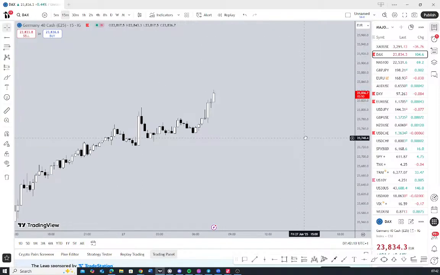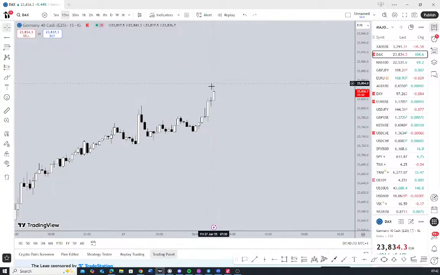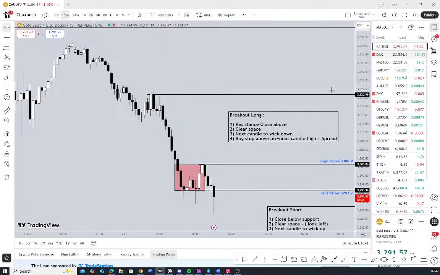But I've deleted all my levels. I don't like it because there's resistance just here. Look at this. Now, this is where we have to see how it closes.